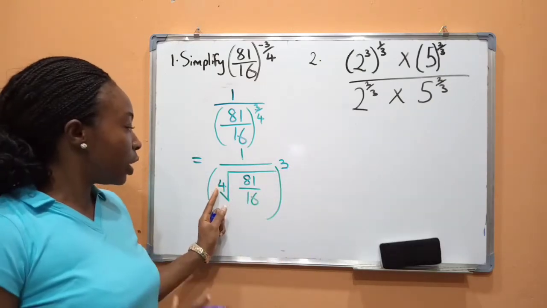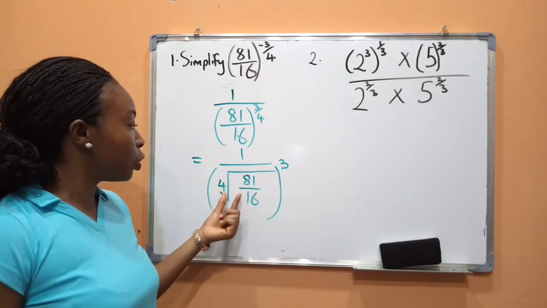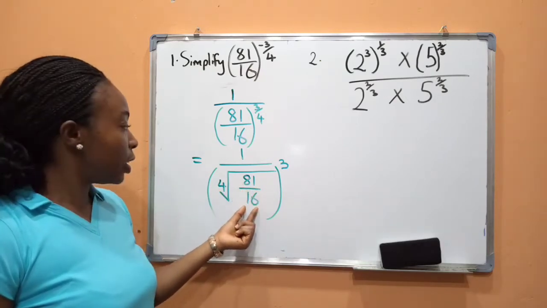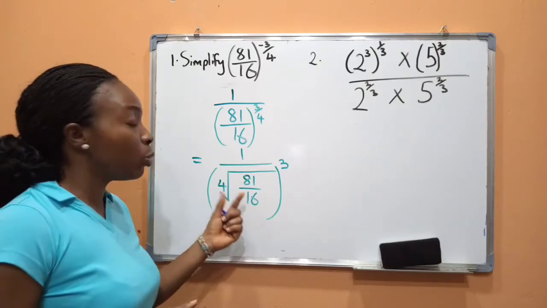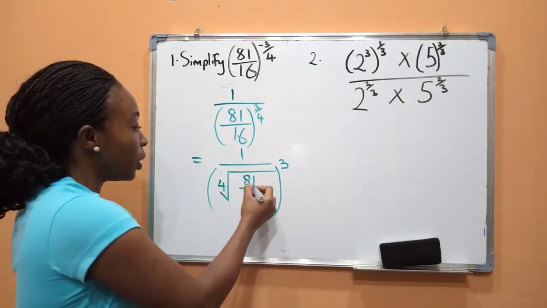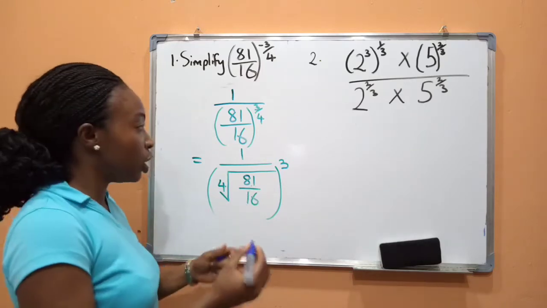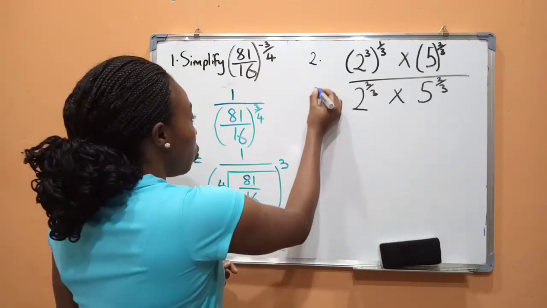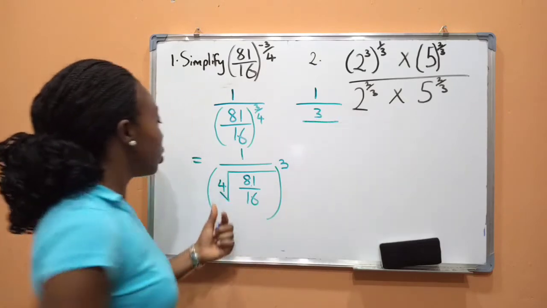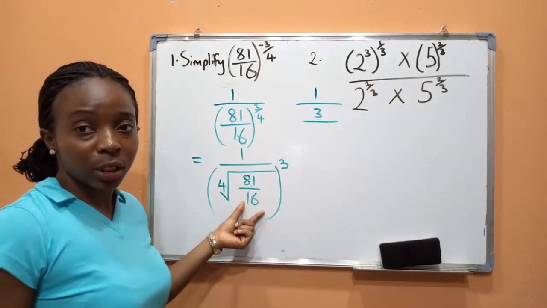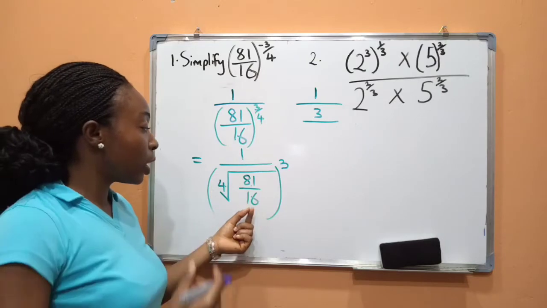When we get to this stage, the next thing we want to do is to find the fourth root of 81 and then 16. Now, the fourth root means we are looking for a number that when we multiply it 4 times, we get 81, and that number is 3. So we are going to have 1 over 3 over, now what about that of 16? What number do we multiply 4 times to get 16?